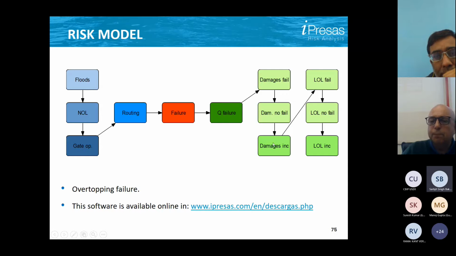And so we can compute the incremental damages and incremental loss of life. But the architecture is well prepared for this one failure mode only, which is overtopping. And that is how our model is going to look. Okay?